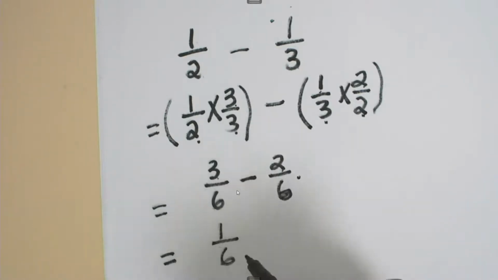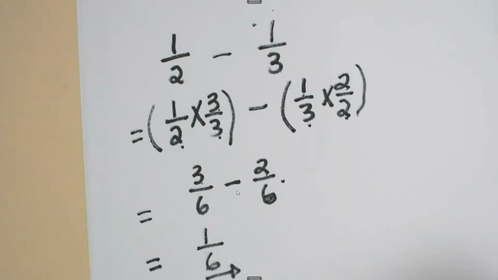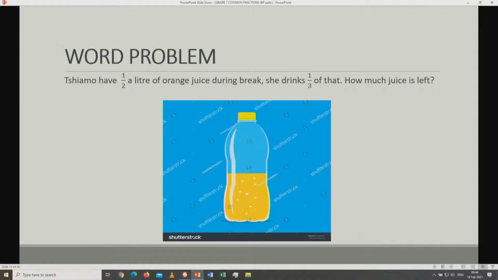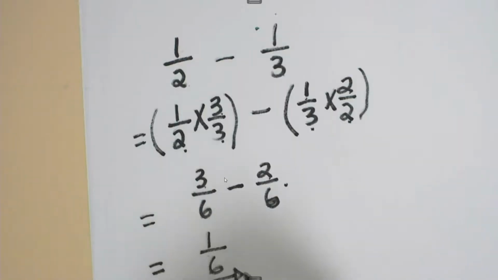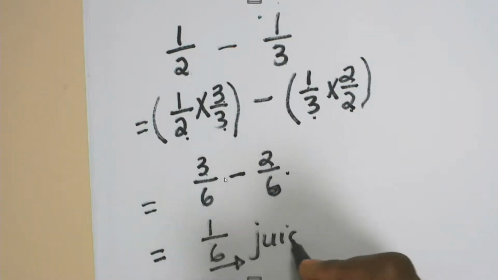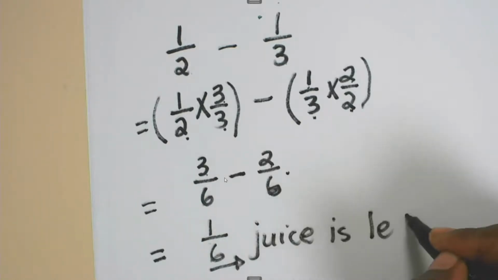Then we are left with 1/6. Therefore, we have to also respond to the question. Remember, we have done our calculations here, but check. The question says how much juice is left. So we'll say 1/6 juice is left.